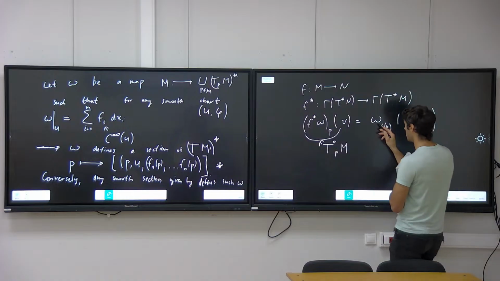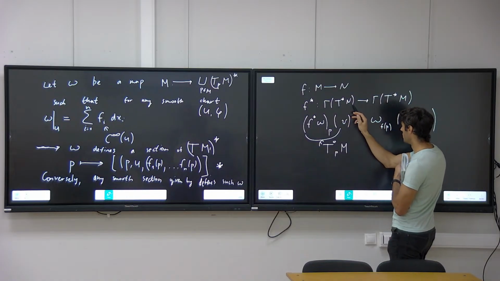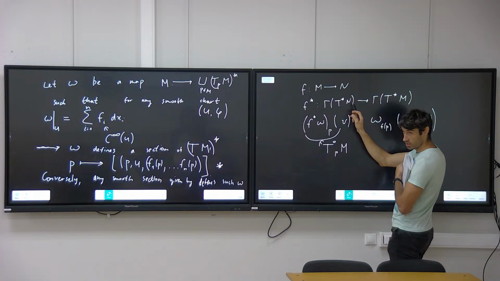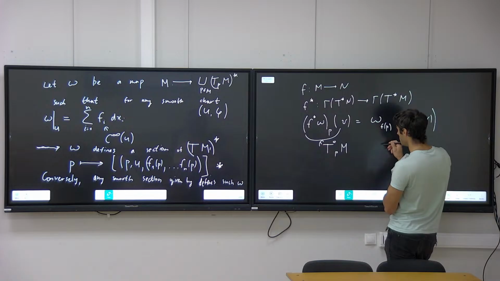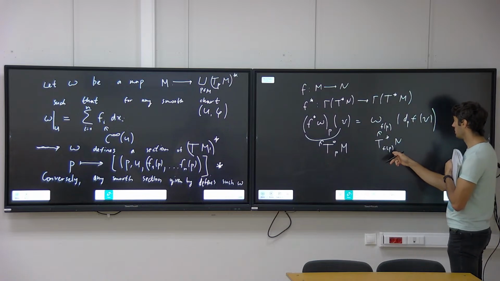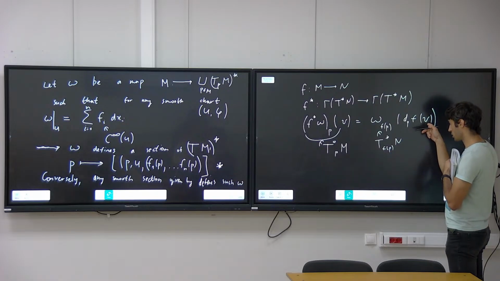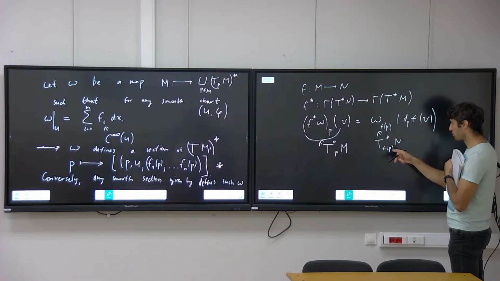So now this omega is from here, so therefore it is evaluated at the point f of p. f of p is a point in N, so this is from T star at f of p N, and it should eat a tangent vector from T at f of p N. So this tangent vector from T_p M, by d_p f moves to a tangent vector to N at the point f of p.